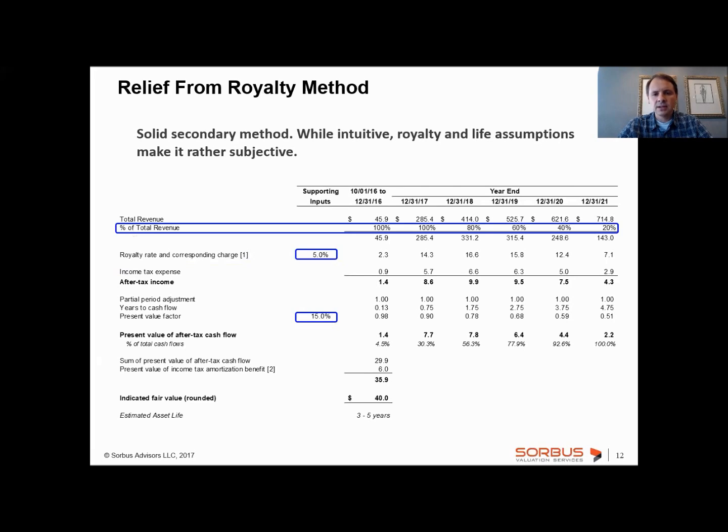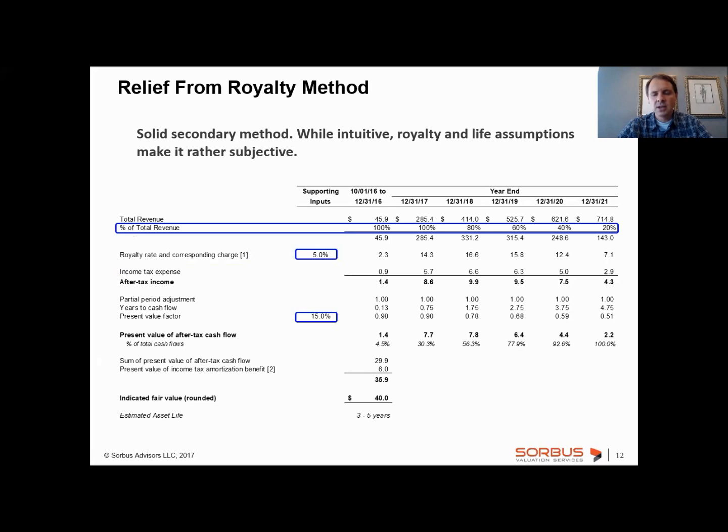Typically, that is done through due diligence work with management. We'll have to determine what that representative royalty would be if you were to in-license this asset. And then you measure the amount of cash that you're saving from it.